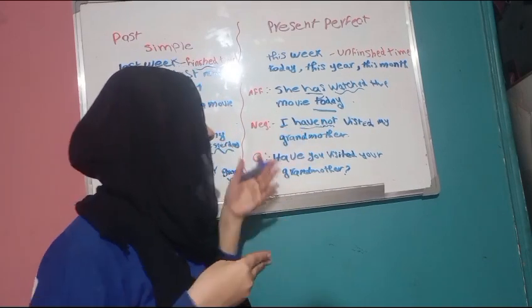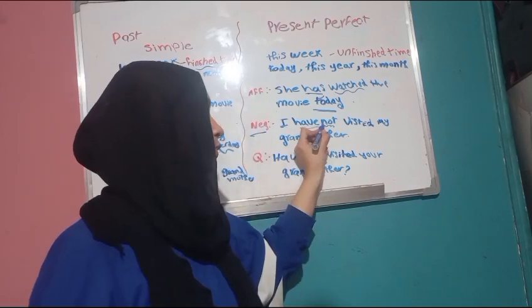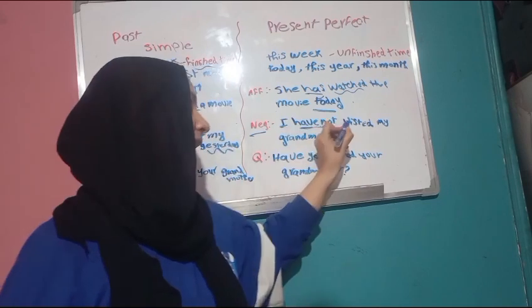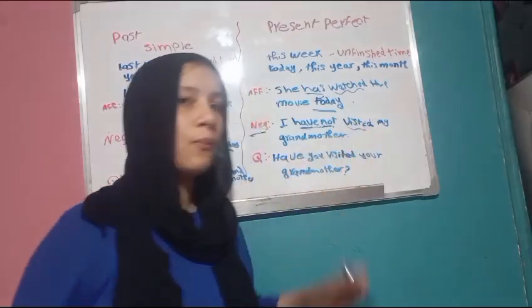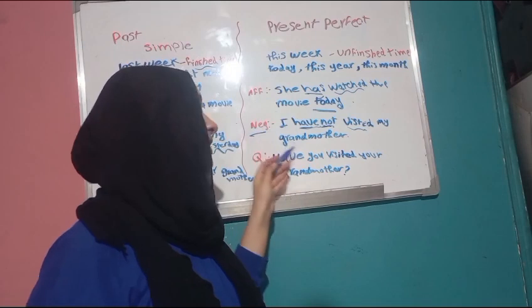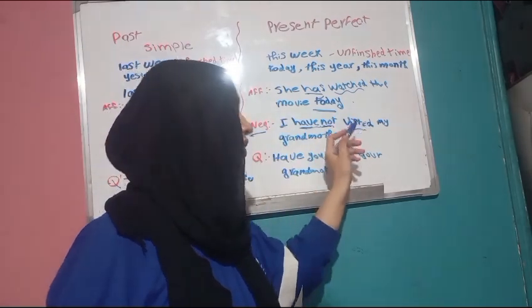So this is how to make the negative in the present perfect: you put not between have or has and the past participle, the main verb. Let's say the example: I haven't, or have not, visited my grandmother.